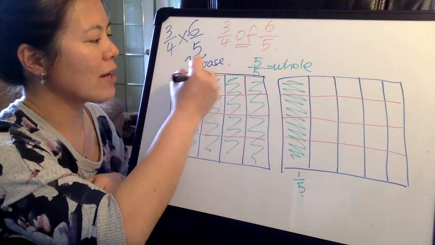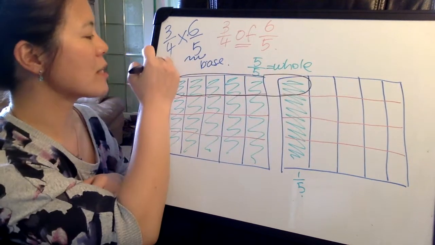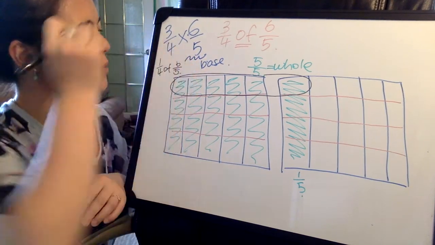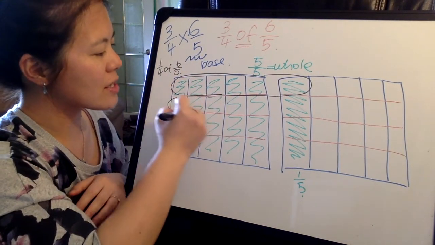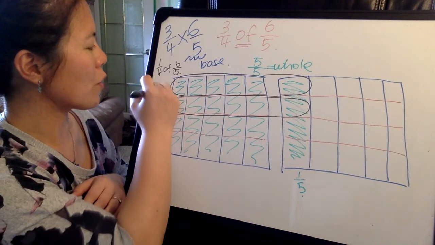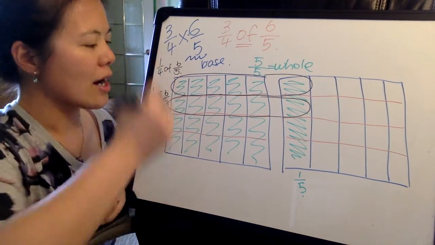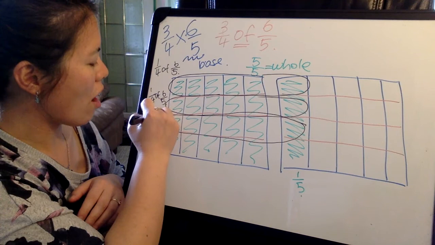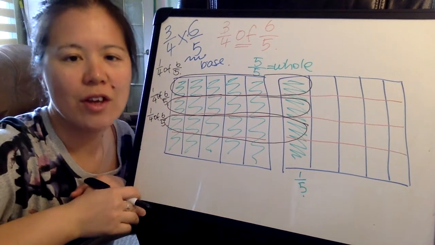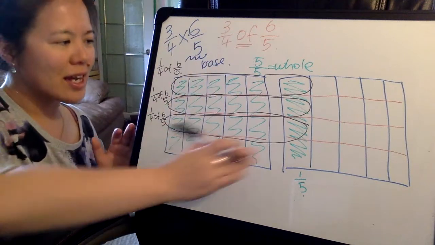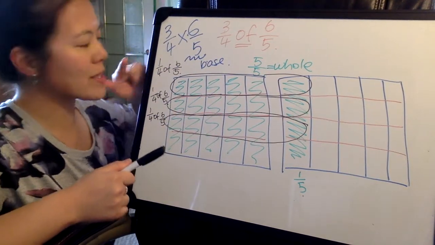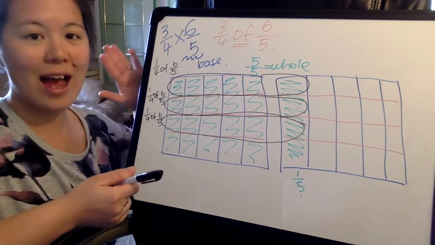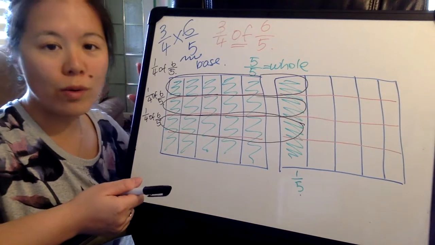Right over here is my 1/4 of 6/5, and this is another 1/4 of 6/5, and once again right over here, 1/4 of 6/5. Now I have 1, 2, and 3 bits of 1/4 of 6/5, so I have indicated what is 3/4 of 6/5.